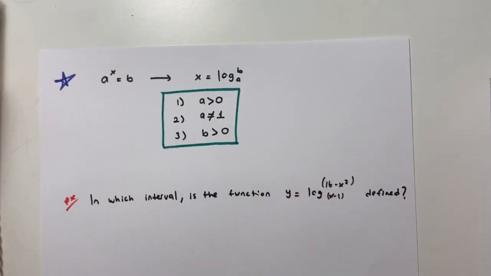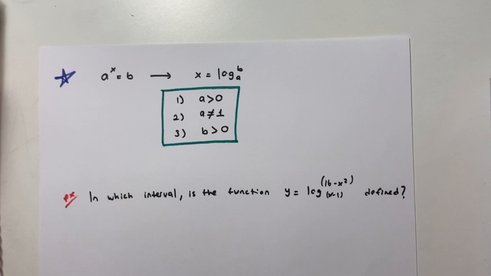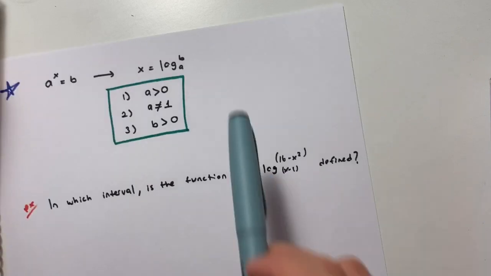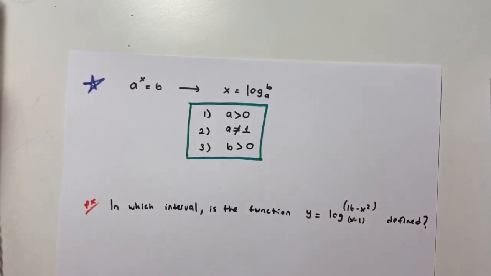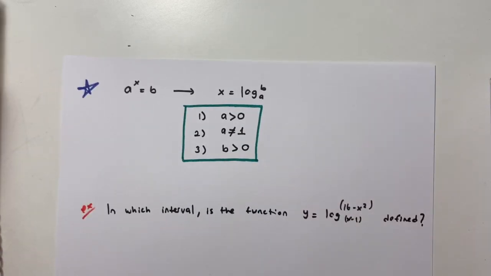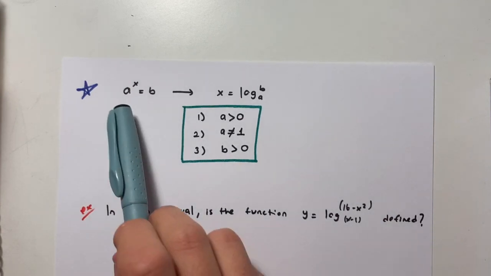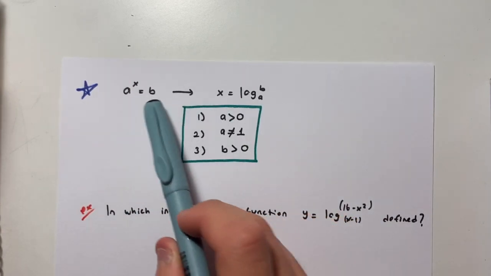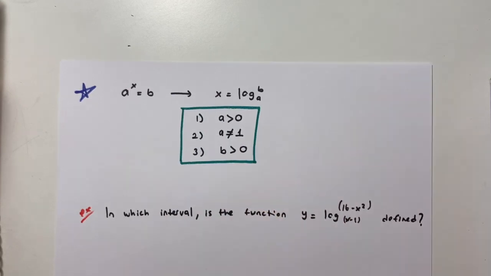Before that, we have to make sure that we know this part. The rule says when a to the power of x equals b, it can be written as this, where a is the base of the logarithm, which means a comes to the base, and b here, and then x.